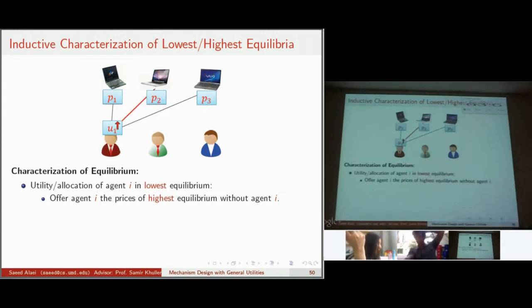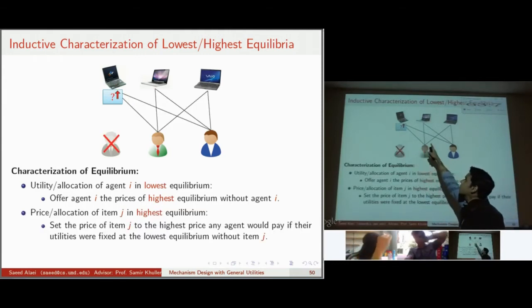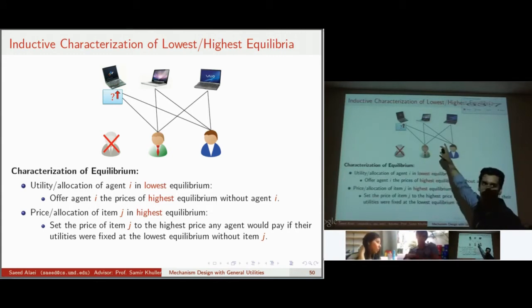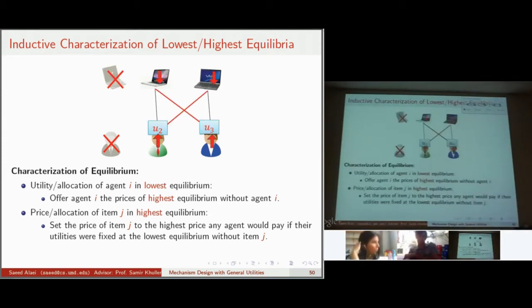Similarly, after removing this agent, if you wanted to compute the highest prices of the items in the remaining market in the equilibrium, you take one item, for example the IBM laptop, out of the market, and compute the lowest price equilibrium in the rest of the market, which gives the highest utility to these agents.